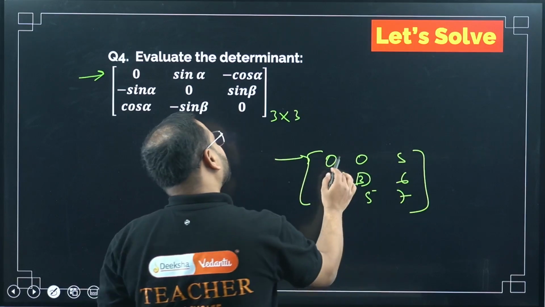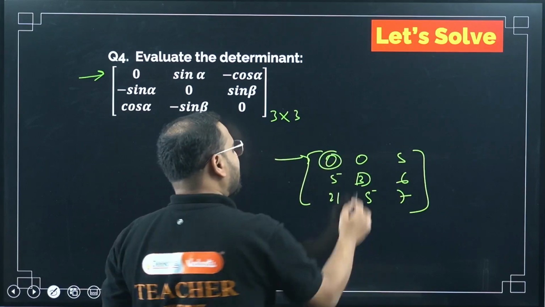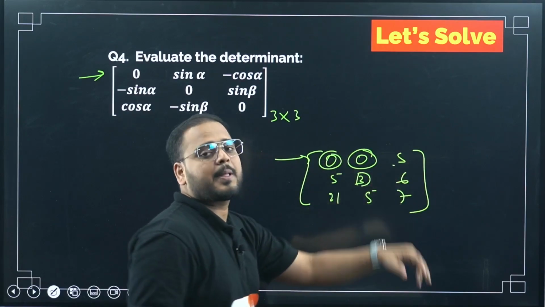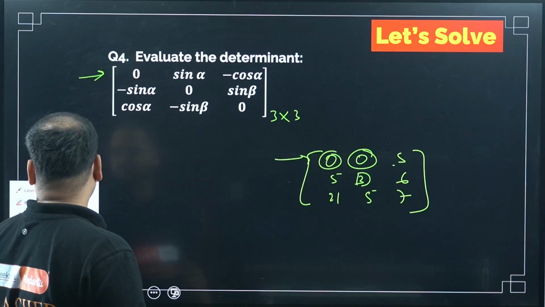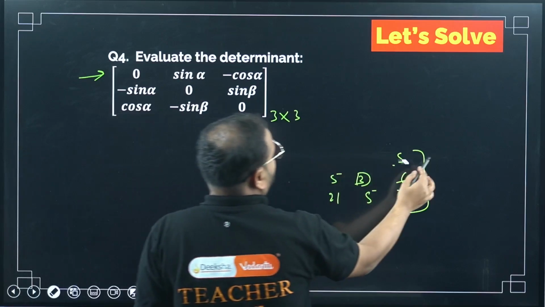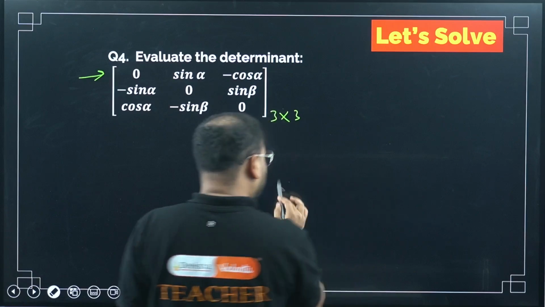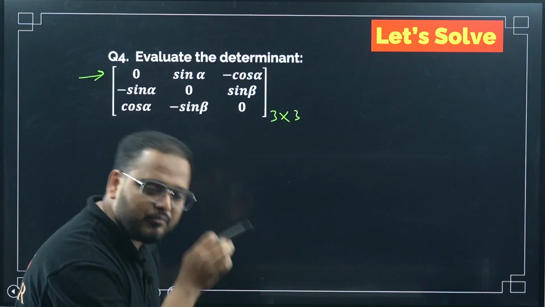Why, sir? Because 0 times anything will be 0 only, and 5 times anything, you have to just solve for 5. So we'll see when we come to that question. I'll show you again, do not worry about it. I have taken a question like that, and I'll explain it when I'm solving that problem.